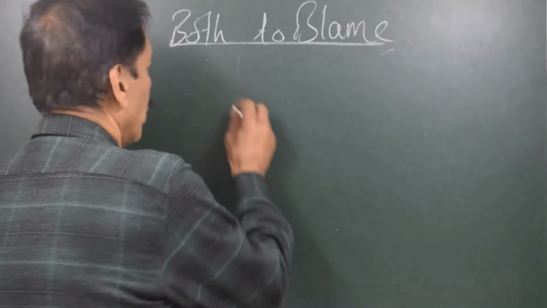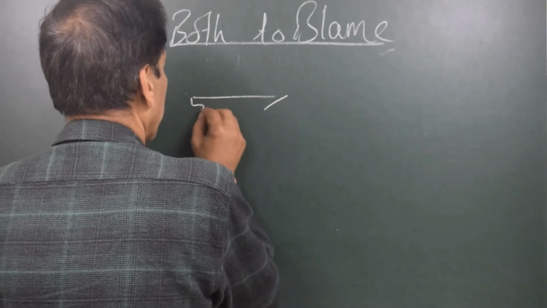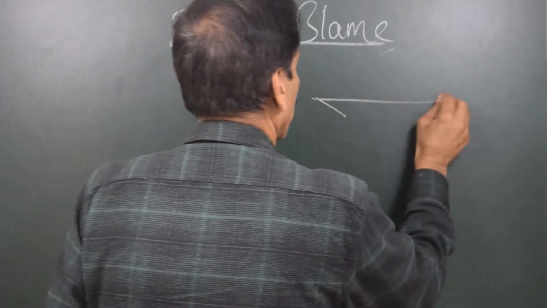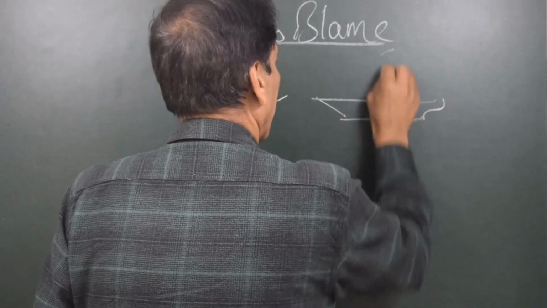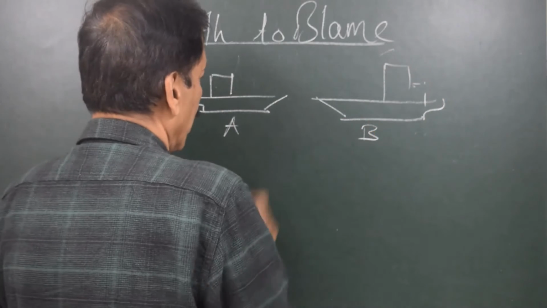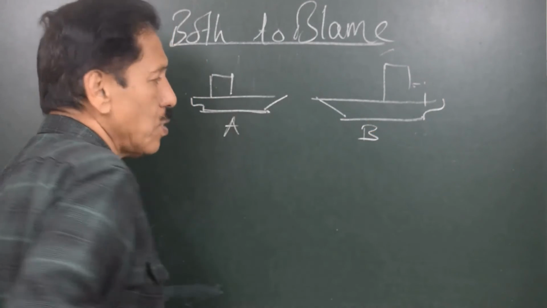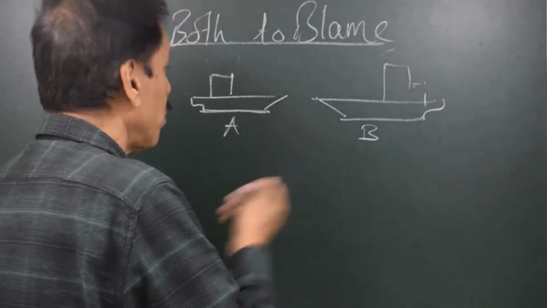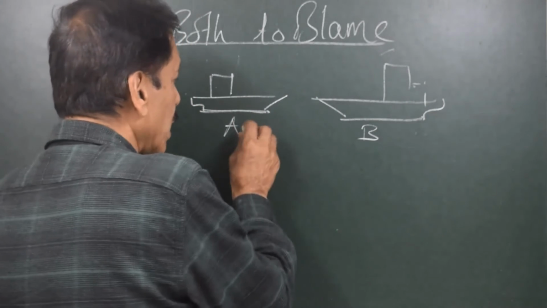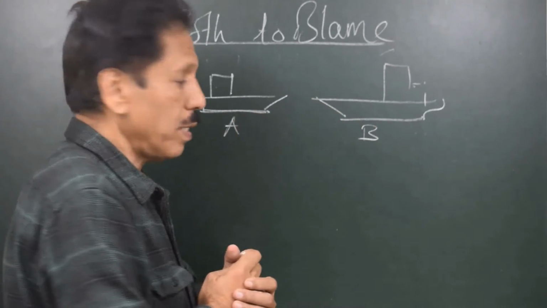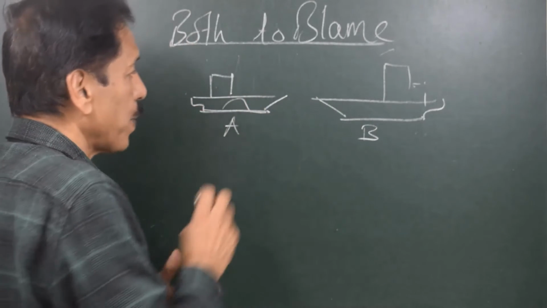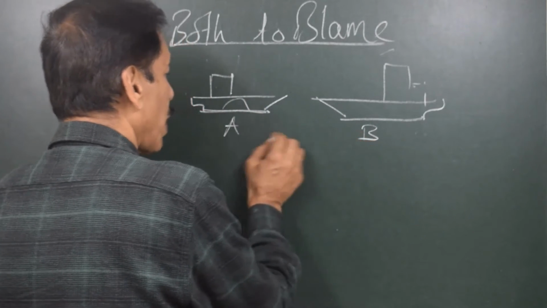Let's say here is ship A and here is ship B. They come in collision. Now A has got immunity from the cargo owner, like by Hague-B rule, but A does not have similar immunity against B. So if there is damage to the cargo in A, B pays for the complete cargo damage.